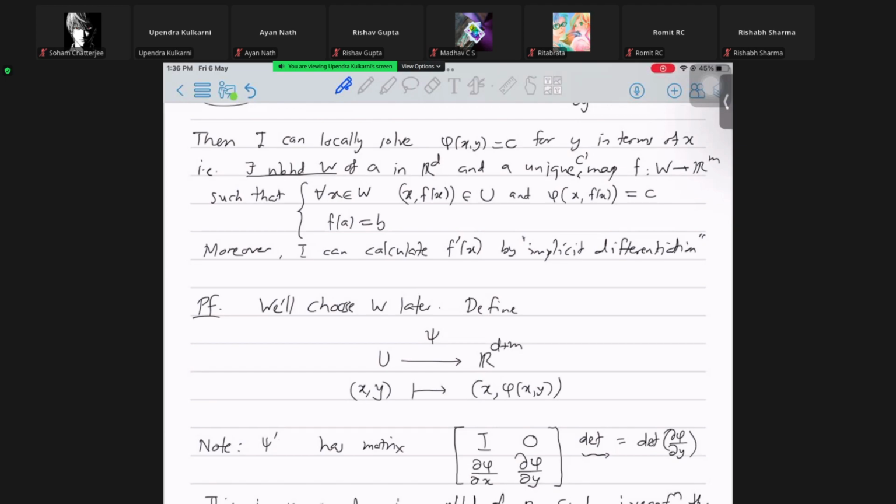That's exactly what is happening over here. I am saying that this level set, locally near the point A comma B, is of the type x comma f of x. But x is varying over all of w. So I can simply use w as a proxy for this local portion of the level set. As far as putting coordinates on this is concerned, I can recover the f part, so ignore it.